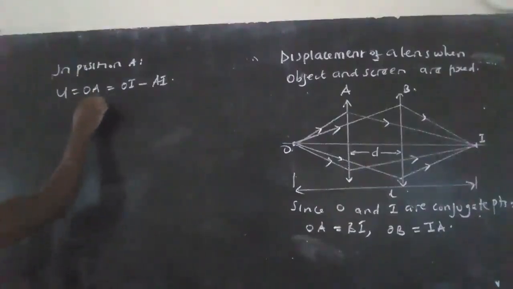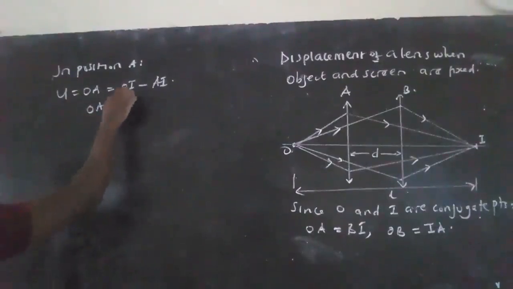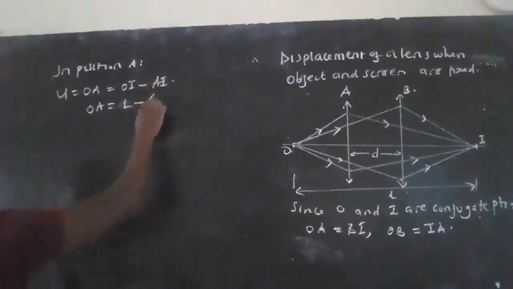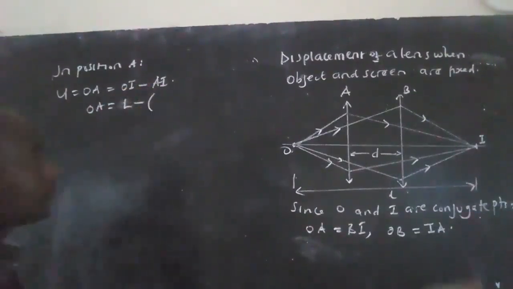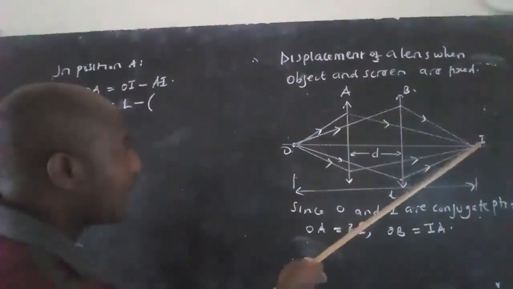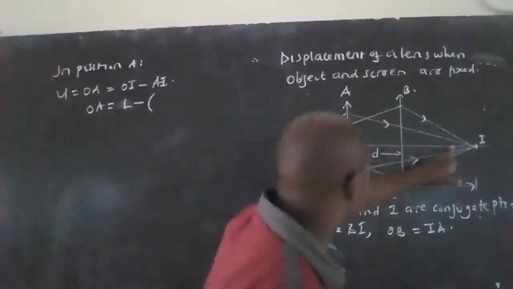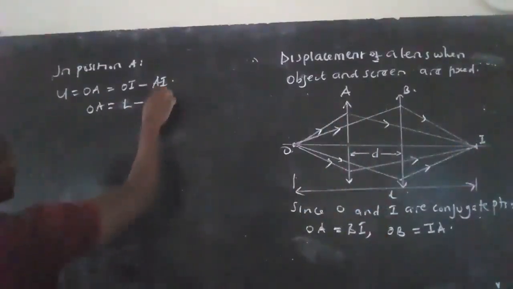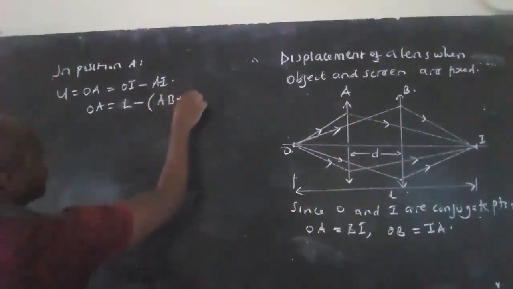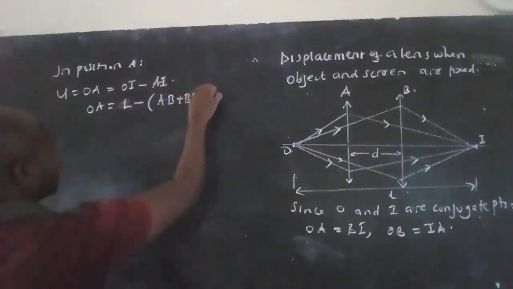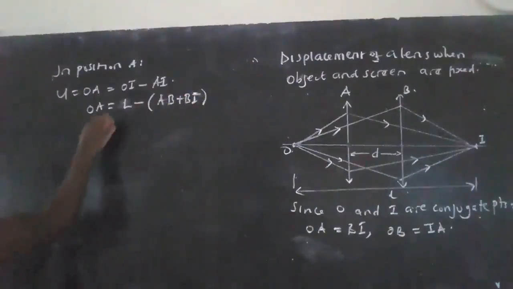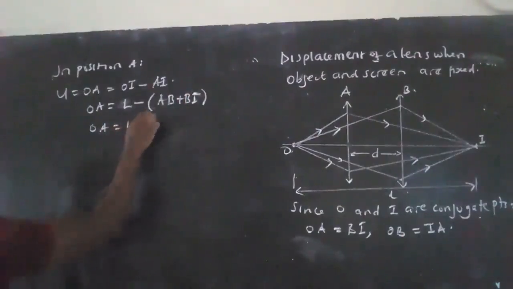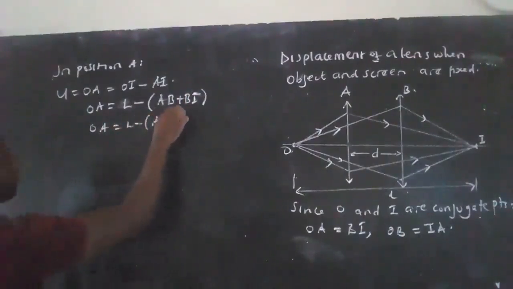So our OA will become, this is OI, which is L, minus here. Now, from A to I, we shall say it is AB plus BI. So OA will become L minus AB plus BI.